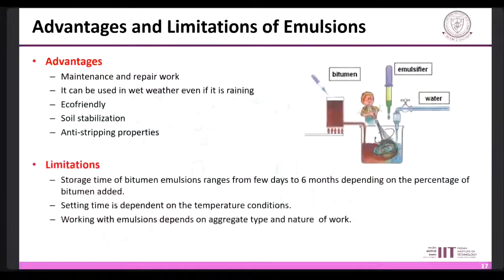I have told that there are surface active agents, with negative charge and positive charge. The use of these depends on whether the aggregate is negatively charged or positively charged. So proper care has to be taken to work with these types of materials. Its chemistry is more complex than that of bitumen, which is already a complex material.